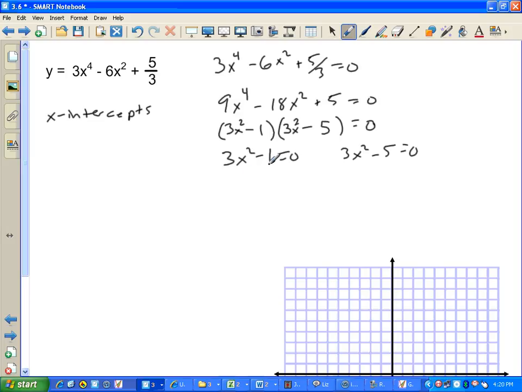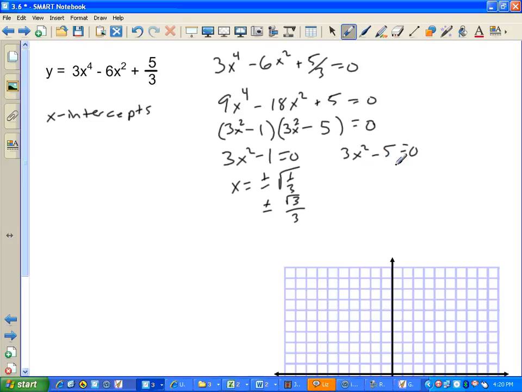So if I solve this, I'm going to get 1/3 x squared equals 1/3 square root of that. So I'm going to get x equals plus or minus the square root of 1/3. If we simplify and rationalize, I'm going to have plus or minus square root of 3 over 3.